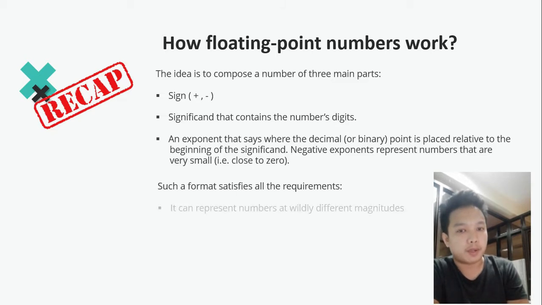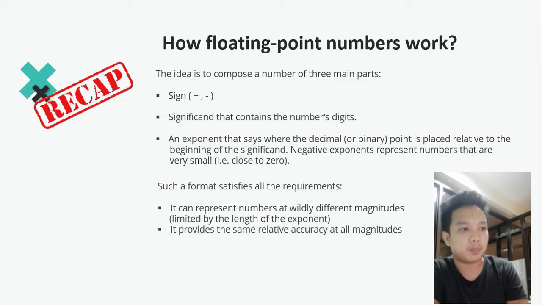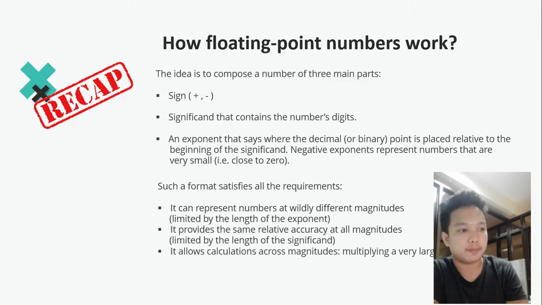Such a format satisfies all the requirements. It can represent numbers at widely different magnitudes, limited by the length of the exponent. It provides the same relative accuracy at all magnitudes, limited also by the length of the significand.